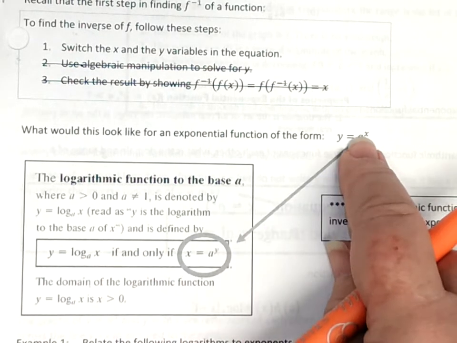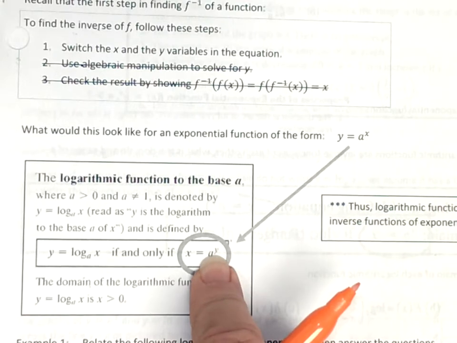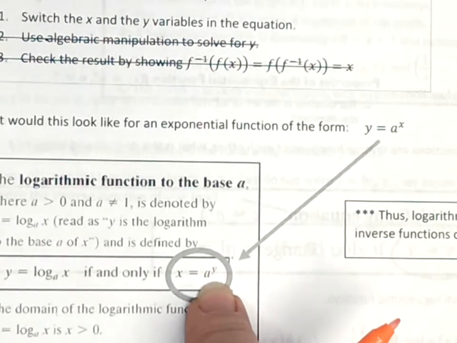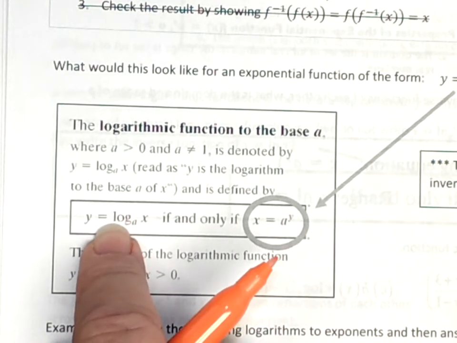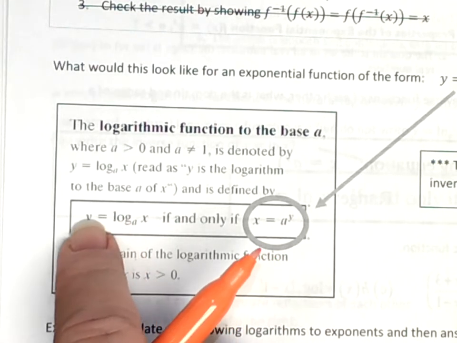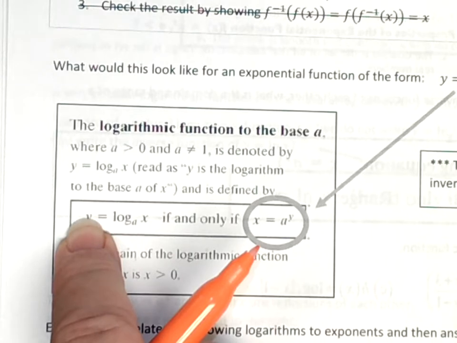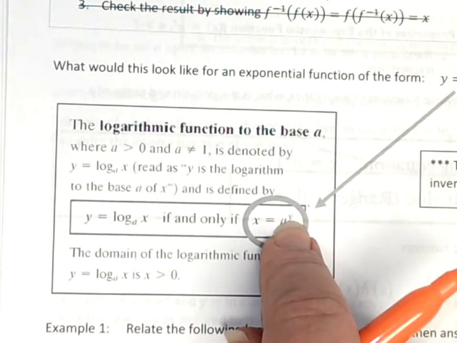They swapped x and y, so now y is the exponent. Look right here, y is the exponent in this problem. And then they wrote it as a log function, where the exponent is what's isolated. Log functions are for isolating the exponent of y.